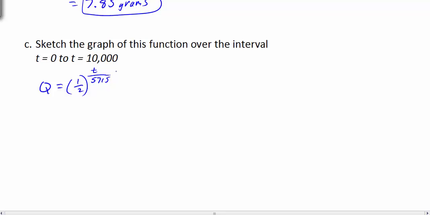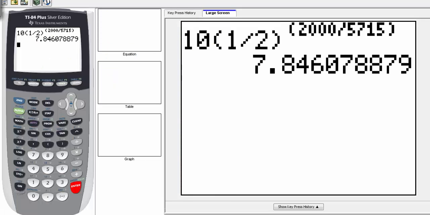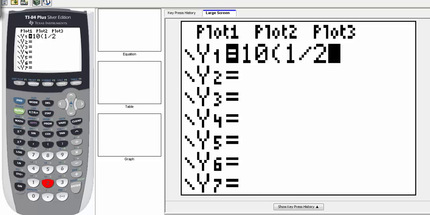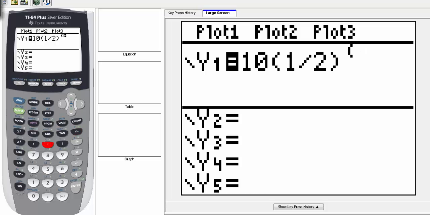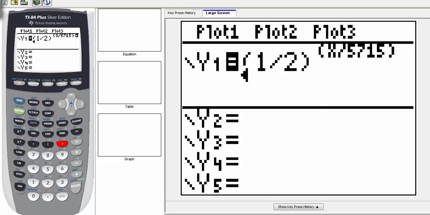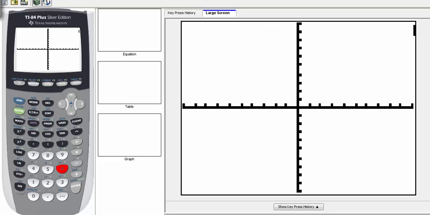So we want to look at the graph of this function. If we go to the calculator, we can go to y equals, and we're going to type in 10 multiplied by 1/2, raised to the power of t. In that case, I'm just going to use the variable x here, divided by 5715, close the parentheses, and I'm going to go to zoom standard. Again, for whatever reason, I like to go to zoom standard.